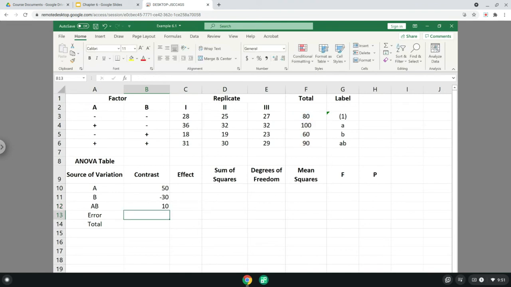So that's the interaction effect, the contrast for the interaction.